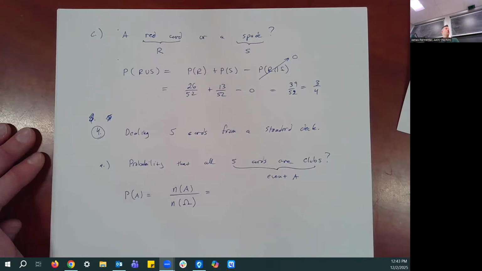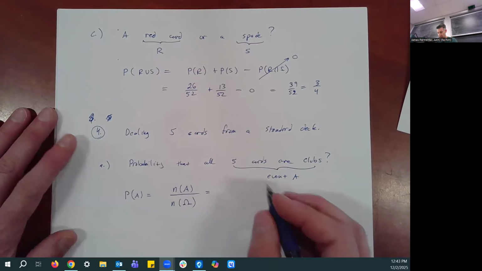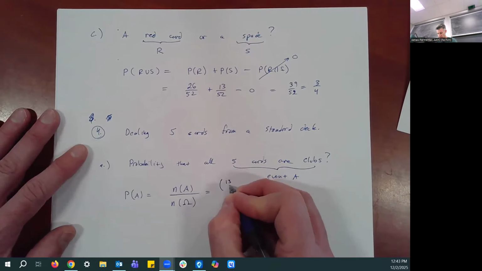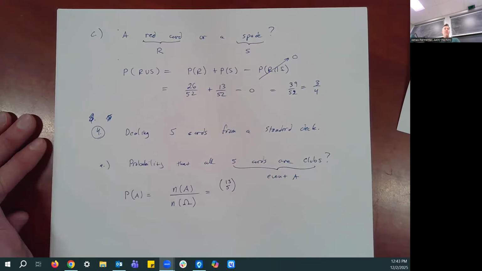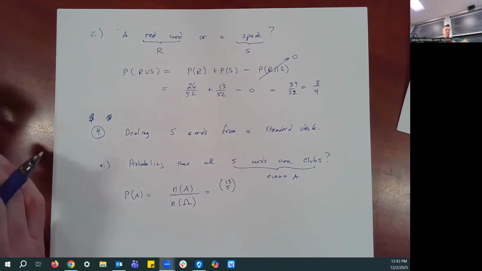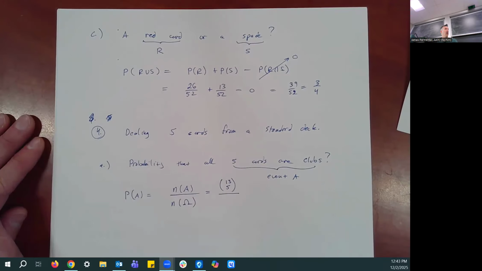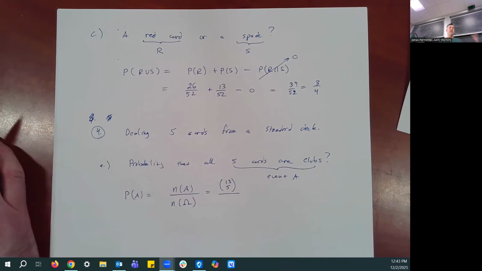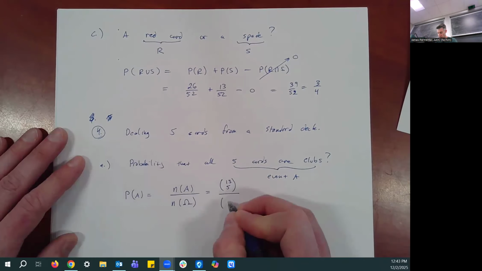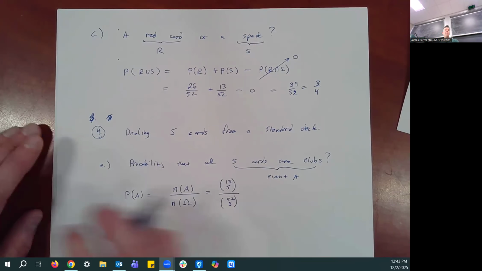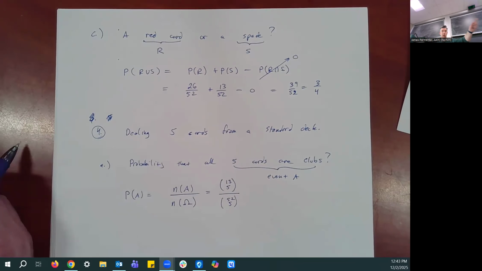We want to choose 5 of them. So there's exactly 13 choose 5 ways of picking 5 clubs. On the bottom, this is pretty standard, so you should get used to seeing this expression. 52 cards in the deck, we're going to choose any 5 of them. So there's 52 choose 5 different possible poker hands, where you look at all the cards individually, or 52 choose 5 different ways of getting any 5 cards.